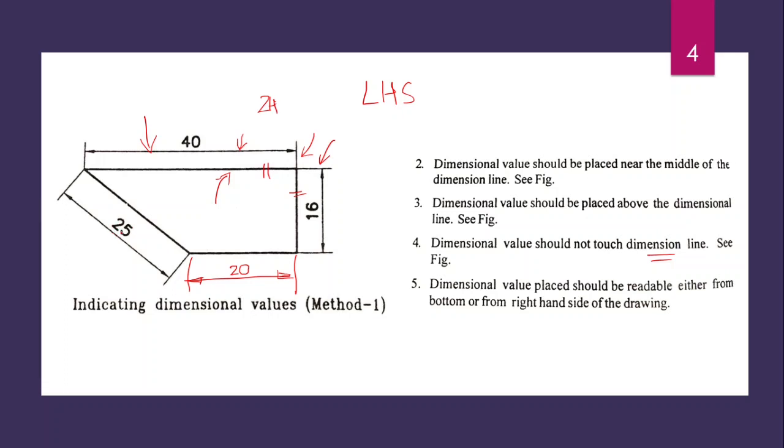That means the letters must be in between the dimension line and the specified edge. But if we represent this type of inclined edge, then the letters must be like this. Then only the dimension line is supportive to the letters.